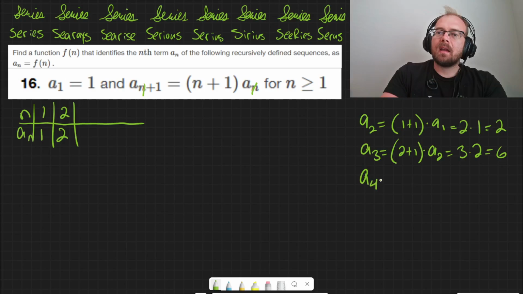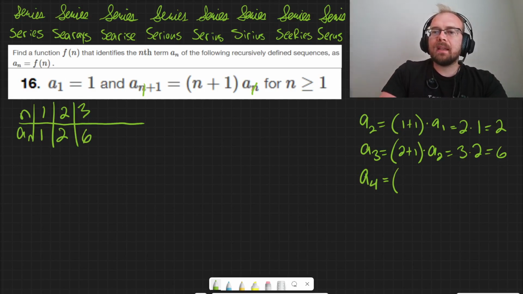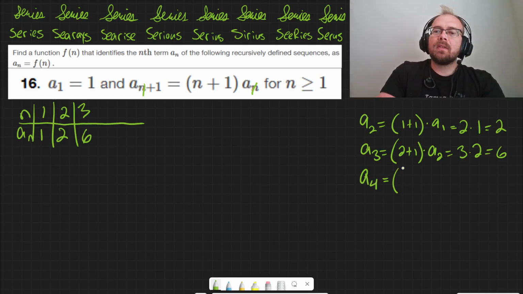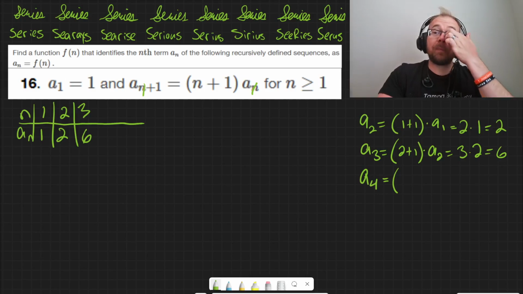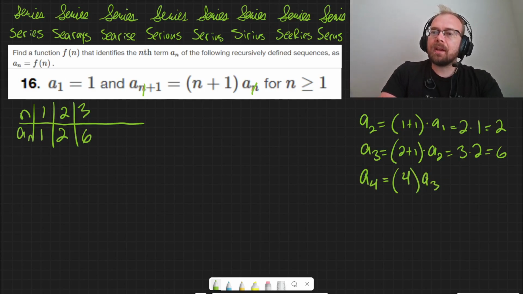Already I'm starting to see a pattern here, but let's do one more just to be sure. If we plug in n equals 3, that would be a sub 3 plus 1, which is a sub 4. Then this would be 3 plus 1 is 4, so I'm timesing by 4. And then a sub 3, we said a sub 3 would be 6, and that's going to be 24.